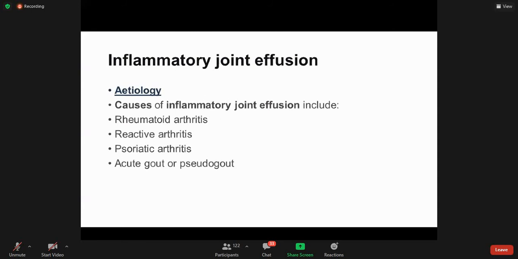Coming to the inflammatory joint effusion. The causes of inflammatory joint effusion include rheumatoid arthritis, reactive arthritis, psoriatic arthritis, acute gout or pseudo gout. I hope that you all are aware of these four pathologies. Yes or no? Do you know what is rheumatoid arthritis?